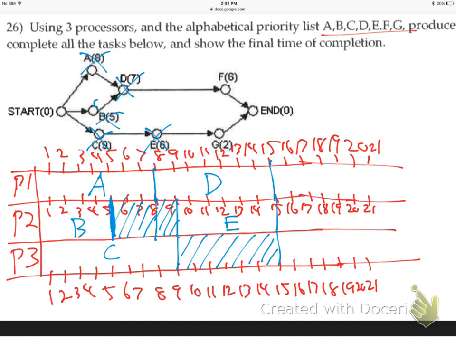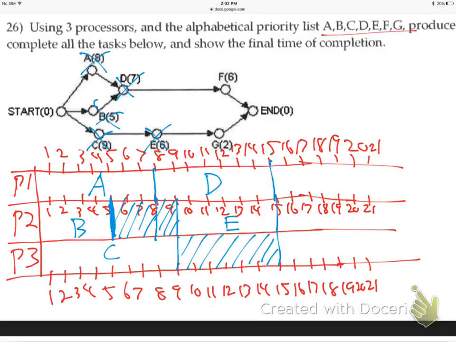Going alphabetical, F comes before G. So F. F is a 6-hour job? 21. It's going to end at 21. And then processor 2 gets job G, a 2-hour job. And processor 3 is just idle all the way to the end.